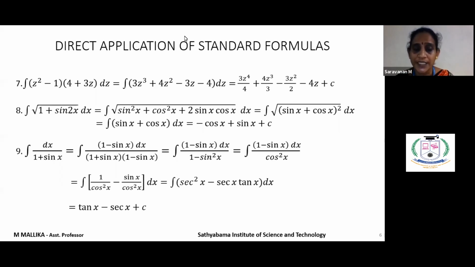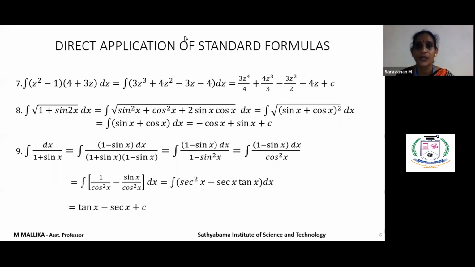The adjustment done here is multiplying and dividing by 1 minus sine x, which results in integral of 1 minus sine x by cos square x. Now you can split the integral as 1 by cos square minus sine by cos square, which is secant square x minus secant x tan x. Integral of secant square x is ready-made, which is tan x, and integral of secant x tan x is secant x. So we have done the integration and got the results.